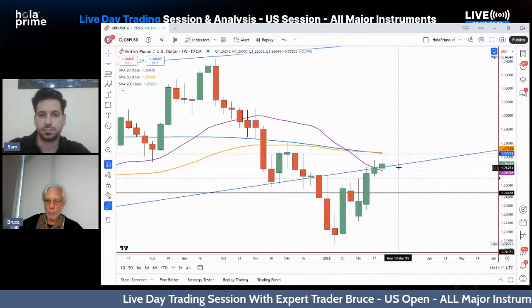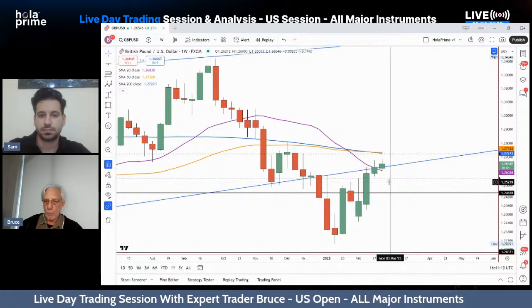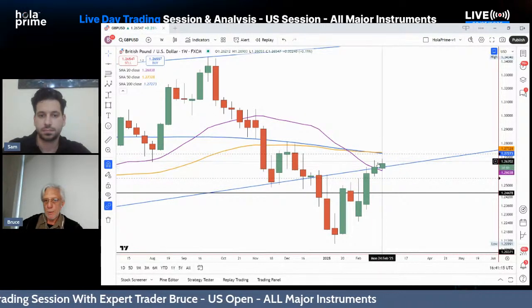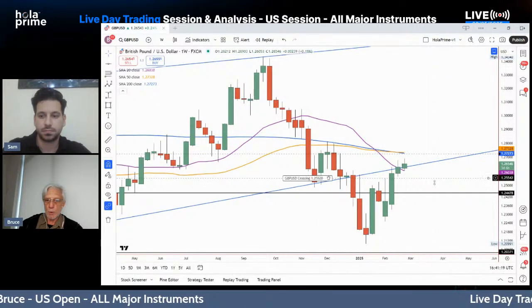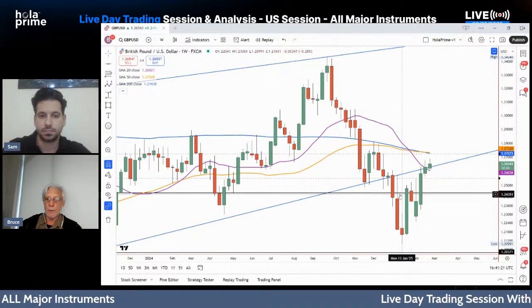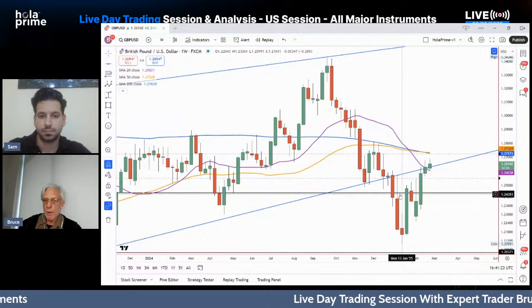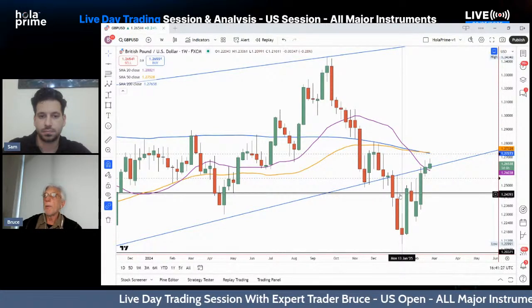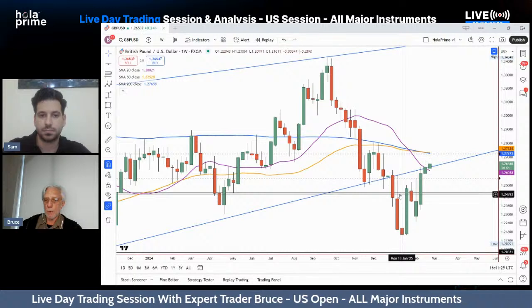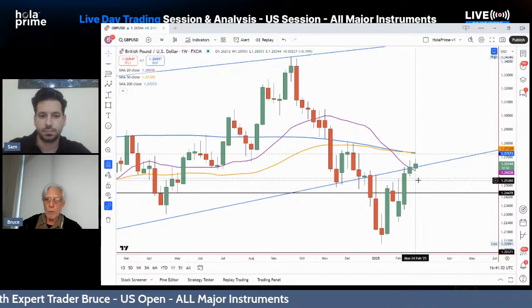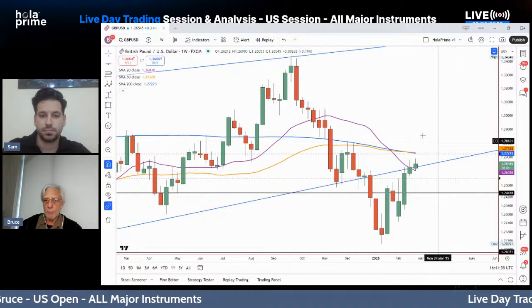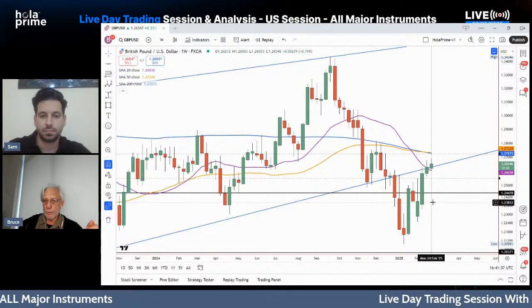Okay, and then we broke through the trend line. So now we've confirmed, it looks like anyway, the breakout of the trend line and the 20 moving average. And that shows that the buyers remain in charge and that the potential to go higher remains. Okay. And I want to know what my key levels are. Well, I'll do that in the shorter time frame, but we have that on the weekly chart.